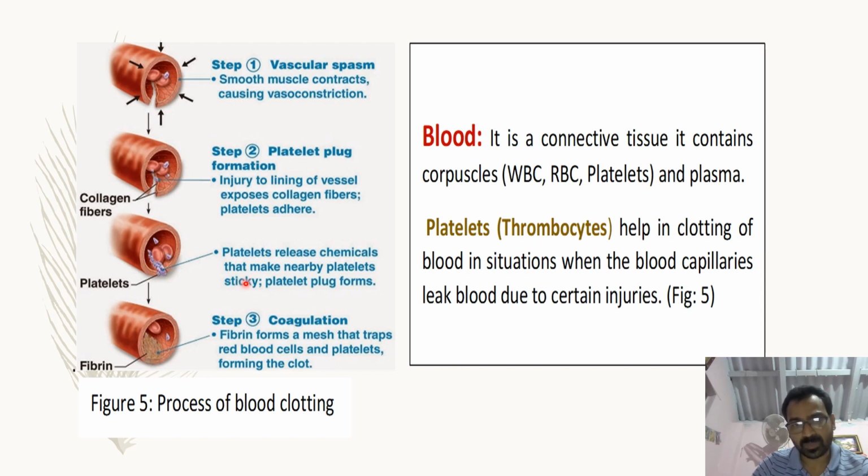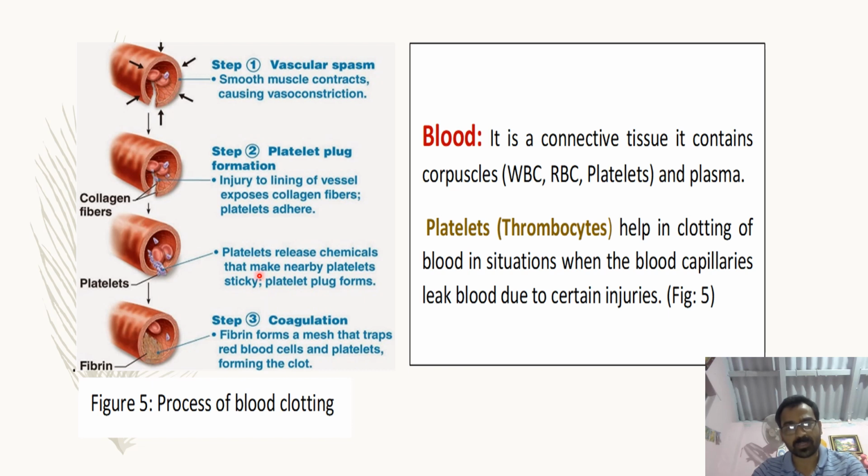Third, platelets release chemicals that make nearby platelets sticky. A platelet plug forms, and thereafter the coagulation process. Here the special protein called fibrin forms a mesh or network that traps the red blood cells, platelets, and forms the clot. So blood clotting is a biochemical process actually.